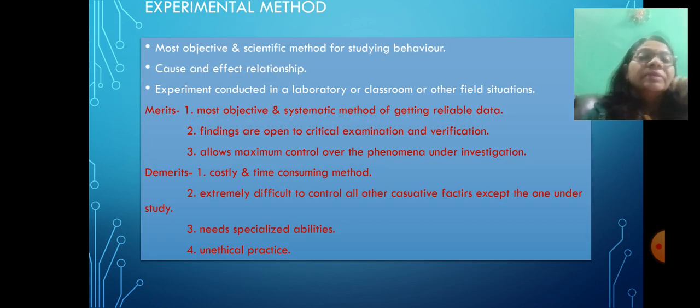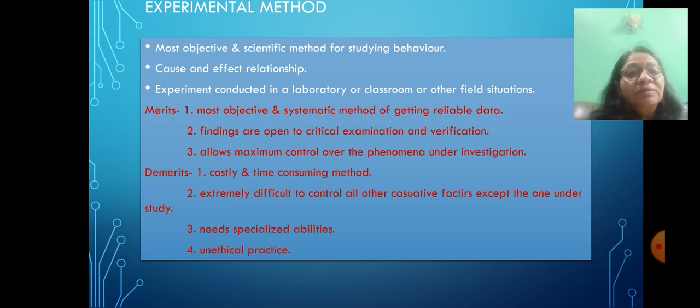The experimental method is the most objective and scientific method, it can be said, and it establishes a cause and effect relationship. An experiment conducted in a laboratory, classroom, or other field situation may be called the experimental method. It has lots of merits: it is a more objective and systematic method, it follows scientific steps, findings are open to critical examination, and it allows control over the phenomena under investigation.